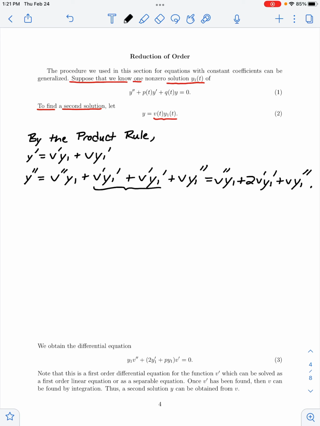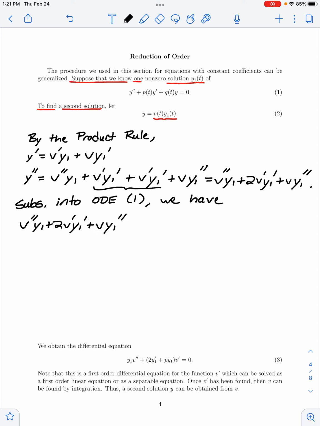And now let's take these expressions and substitute into our differential equation from above, equation 1. And let's see what we have. So the first term was y double prime, which we just found as v double prime y1 plus 2v prime y1 prime plus v times y1 double prime.